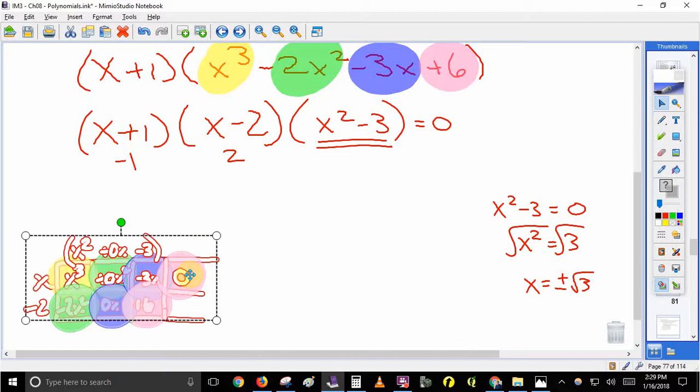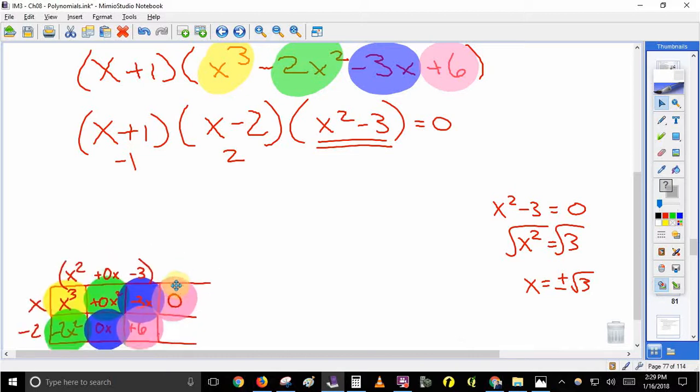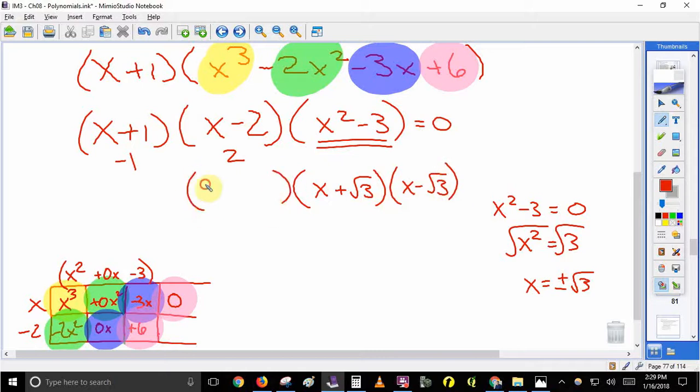Move that off to the side. Which means that this parentheses can be broken down into x plus root 3, x minus root 3. This is still x minus 2, x plus 1.